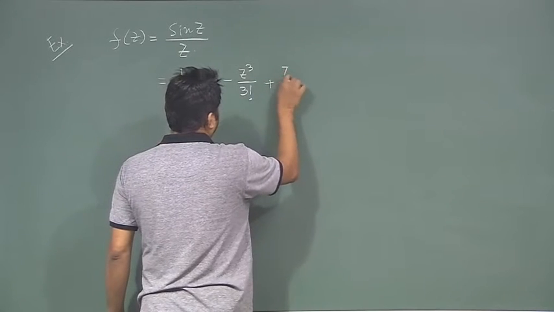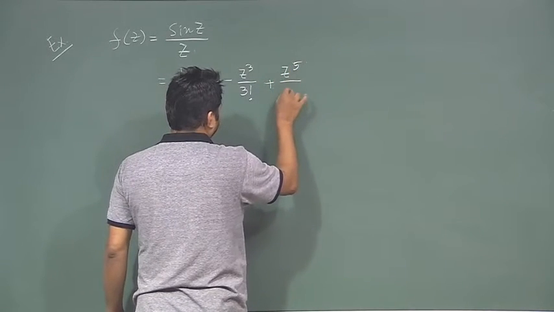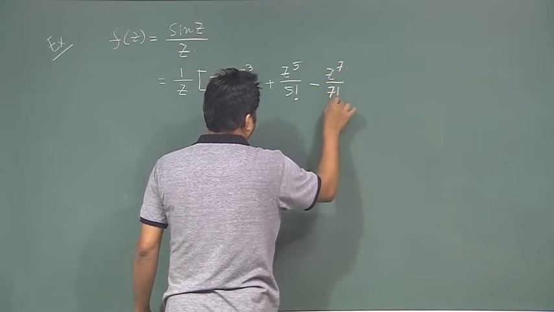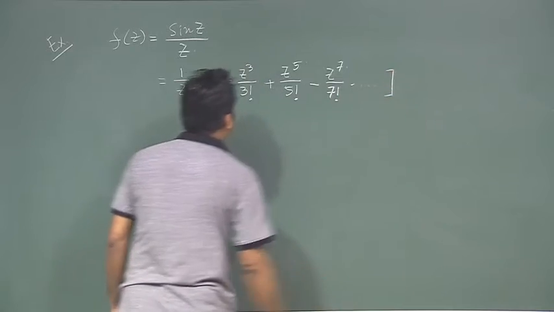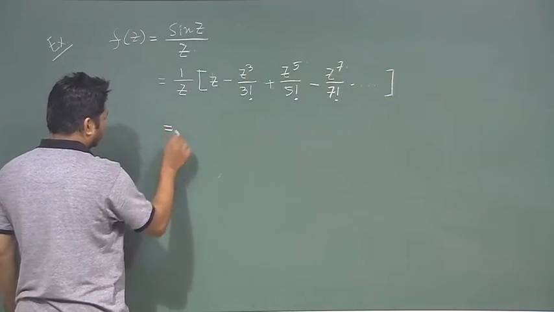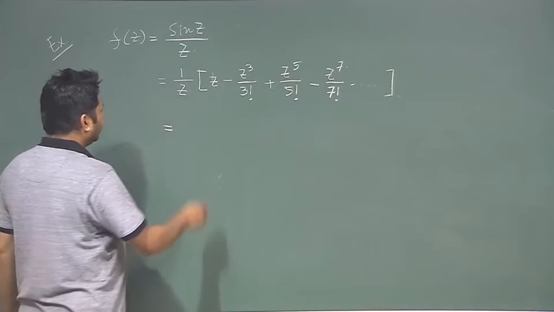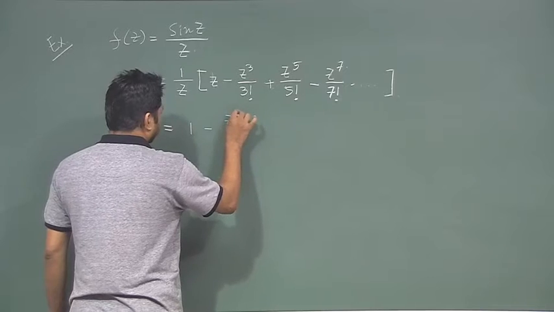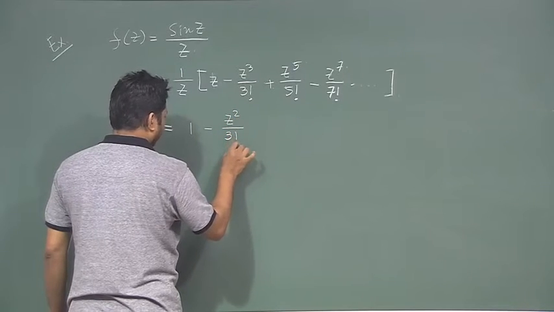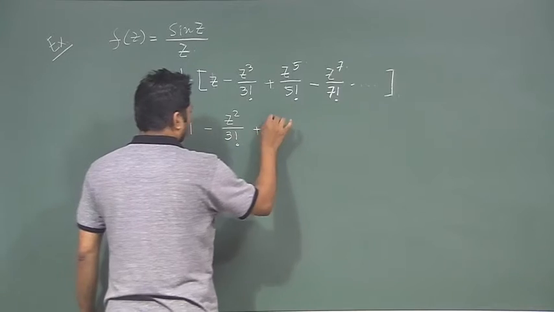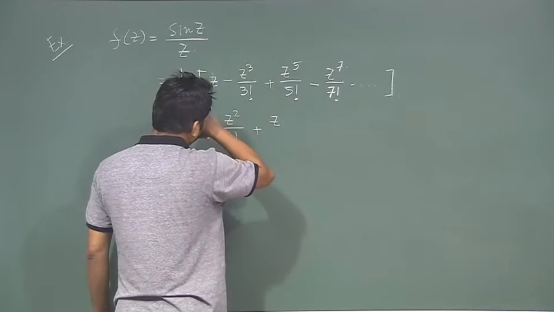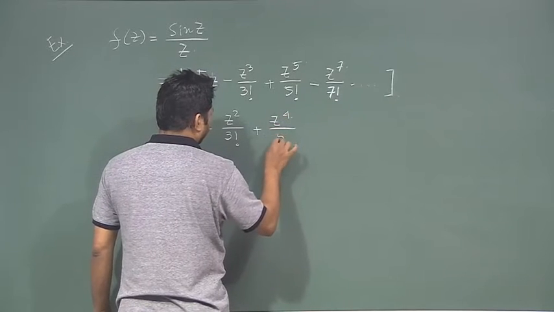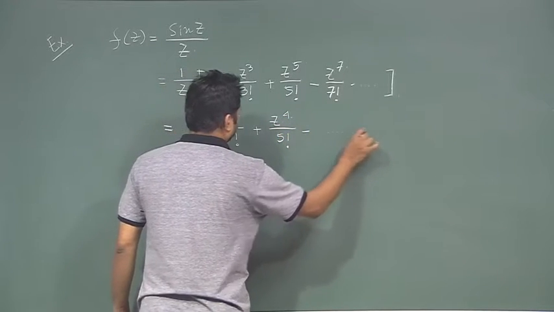So the series is 1 minus z squared divided by factorial 3, plus z to the power 4 by factorial 5, minus z to the power 6 by factorial 7, and so on.